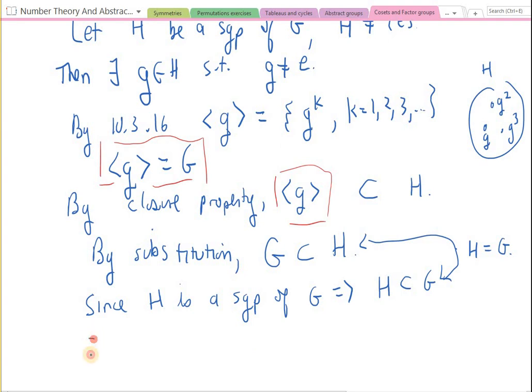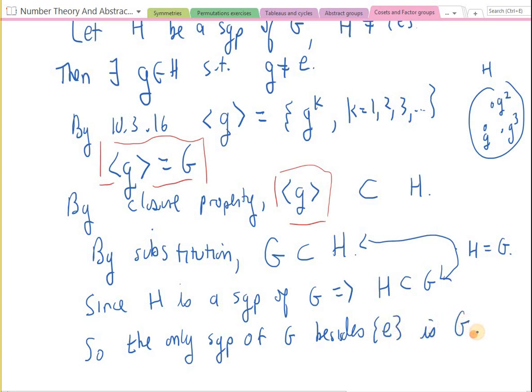So what you have is the only subgroup of big G besides the identity is big G itself.